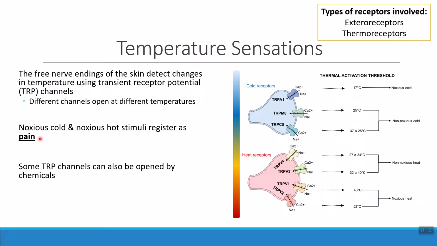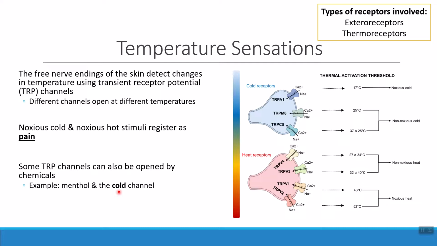The interesting thing about the TRP channels on my thermoreceptors is that in addition to being opened by temperature changes, these can also sometimes be opened by particular chemicals. So a good example of this is menthol and the cold channels. If you ever suck on a cough drop or you have something with mint in it, it'll feel cold.